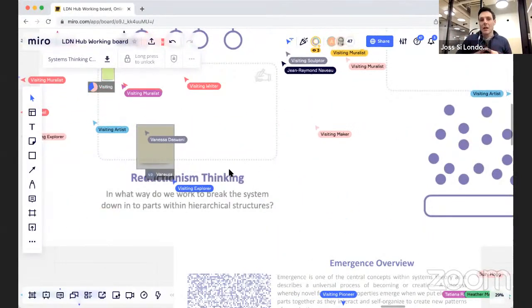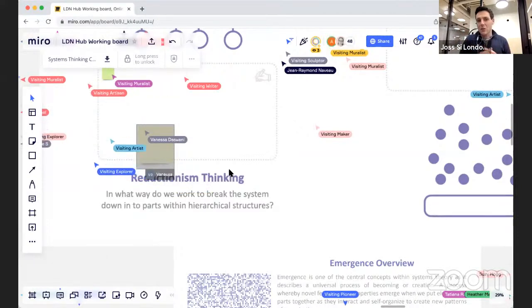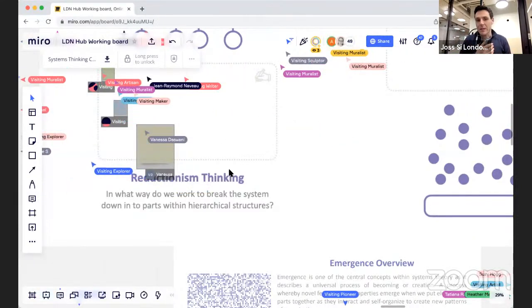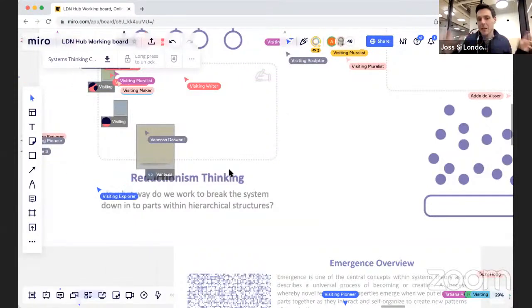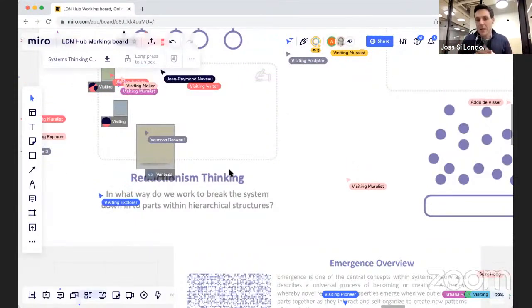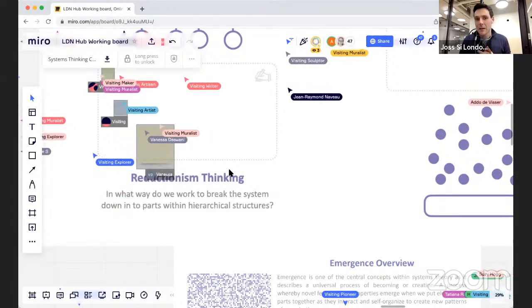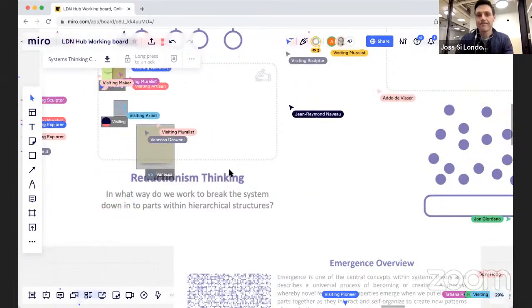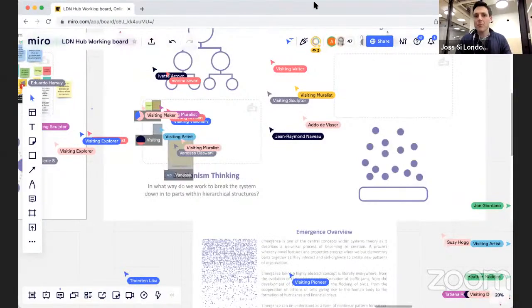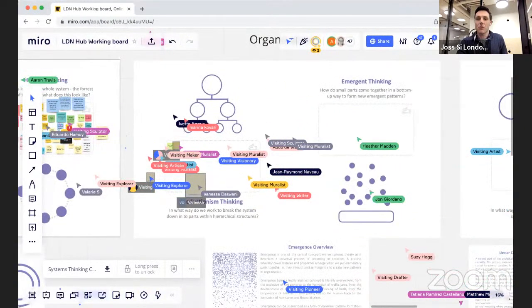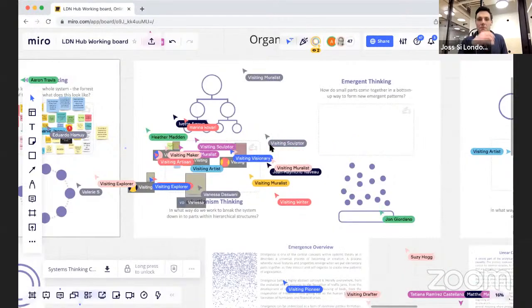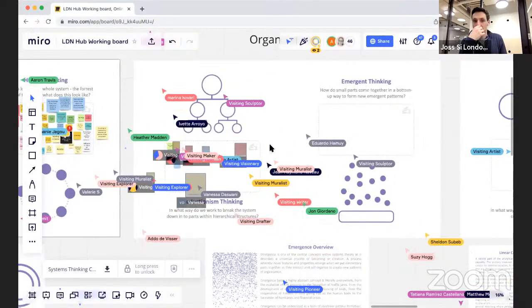We get an idea of exercising this way of looking at the world in the context of organizations. It's about breaking the whole up into individual parts. Any questions, pop them in chat, or you can unmute yourself if you want to ask anything or have any comments.